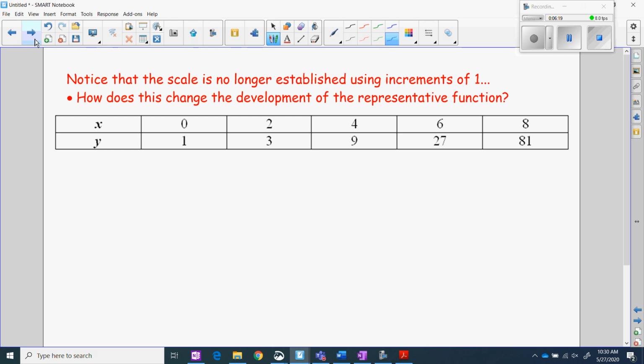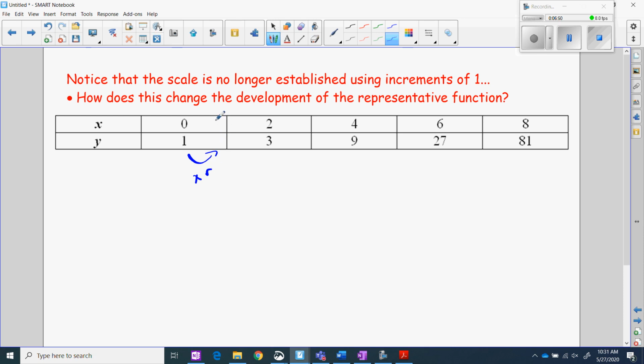So what happened here, students will look at this and say, I can clearly see a pattern here this time. I'm multiplying by 3. But the problem is it's not going 0, 1, 2, 3, 4, 5. So that's going to make one little change. If you think about what happened here, to get from 0 to 2, I had to skip 1, which means I multiplied by whatever the common ratio is.